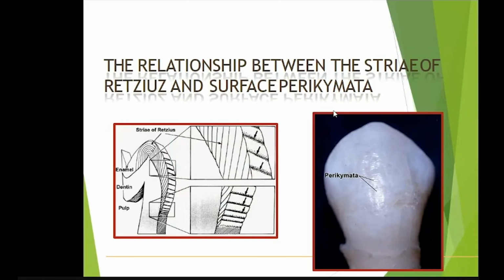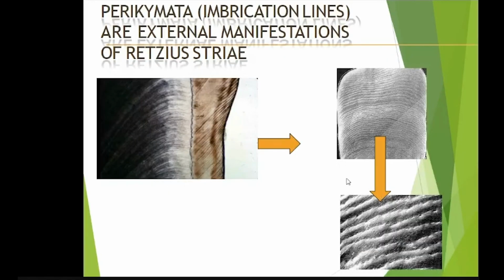أيضا على السيرفيس of the enamel. خلصت تراكيب الانامل. وصلنا السيرفيس of the enamel. The relationship between the striae of Retzius and surface perikymata. شوفوا نشوف هنا surface of enamel. هذا tooth طبعا. نشوفها بالمني sections.